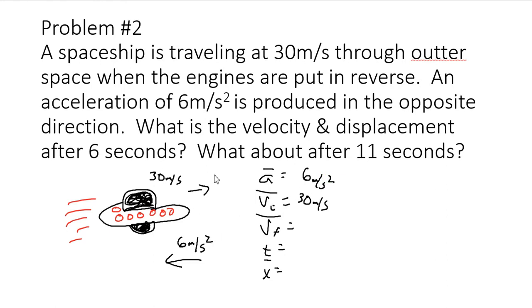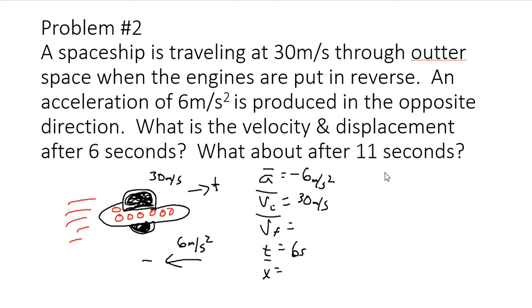So if to the right is positive, then to the left must be negative. This is partly where the diagram helps me understand what's going on, right? If I've established this direction to be positive, and I did by making this a positive number, well, this is in the opposite direction, so this has got to be negative. And we've got to know when to put those in. What else do I know? I know my time, and my time is 6 seconds.